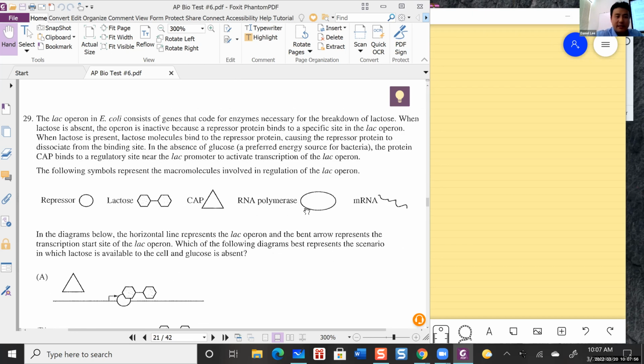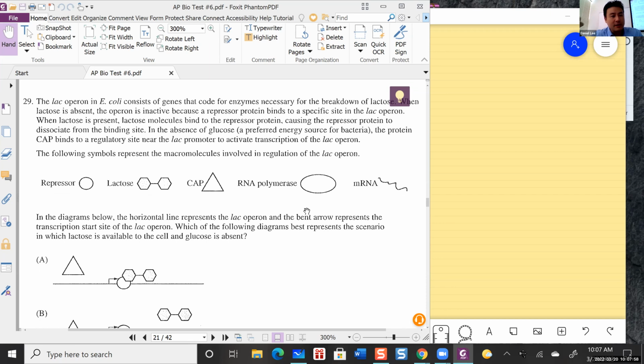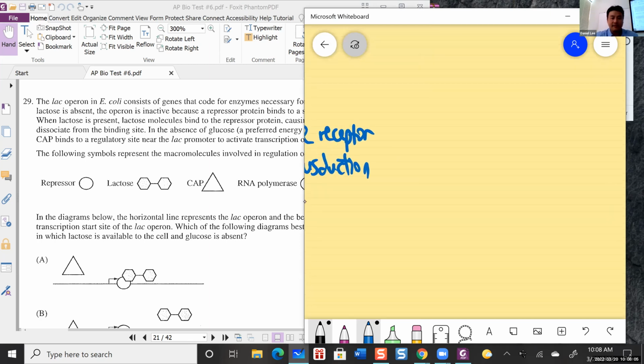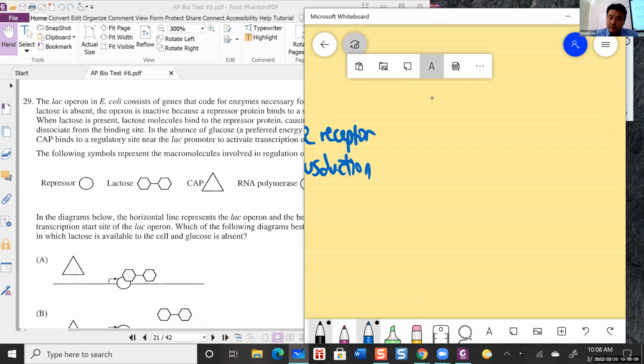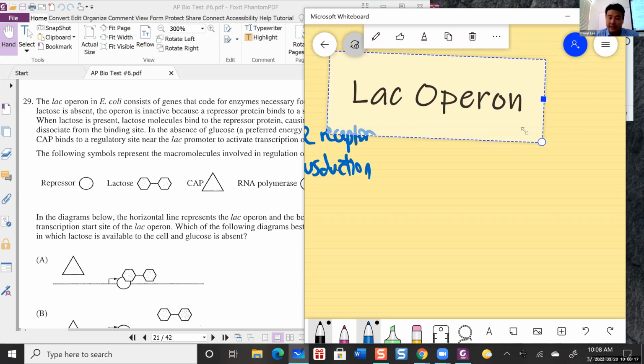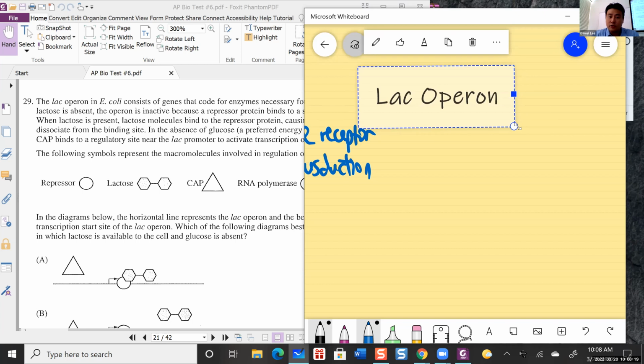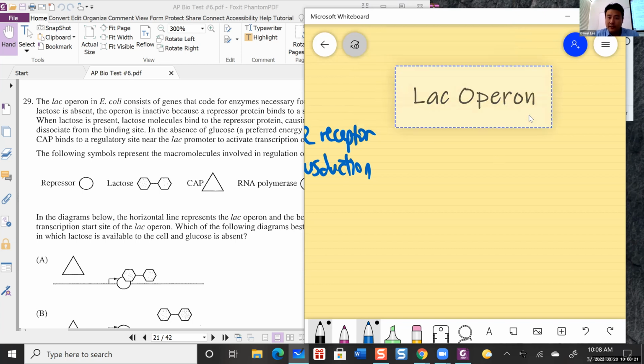All right, the next one here is about the lac operon. We did the lac operon so many times, and make sure you're comfortable with it, okay? So I'm just going to write down some of the key points of the lactose operon, and you have to know it, okay, guys? Again, the lactose operon is an operon. Operons are found only in bacteria. Eukaryotes do not use operons. The purpose of an operon is that it's simple and fast.